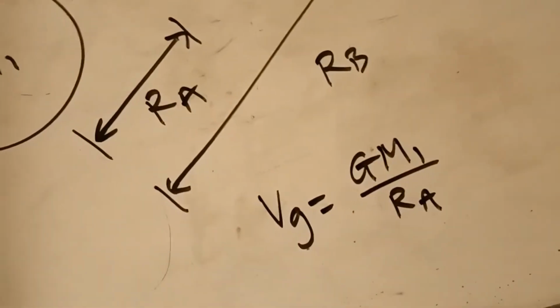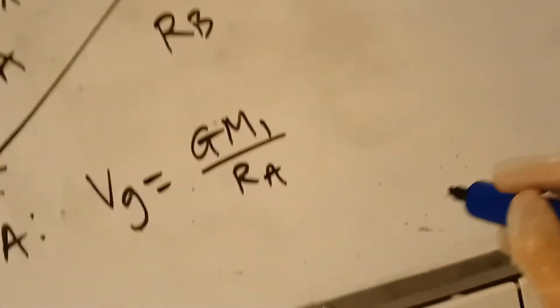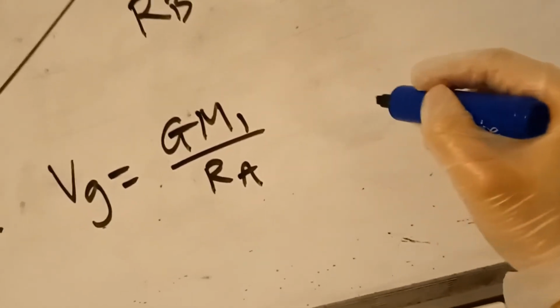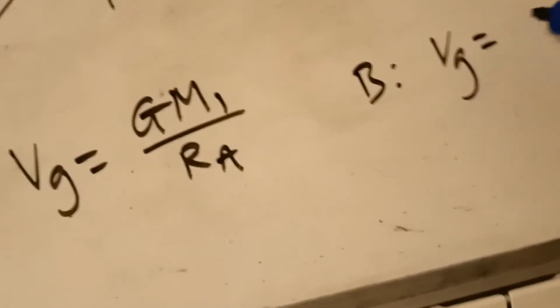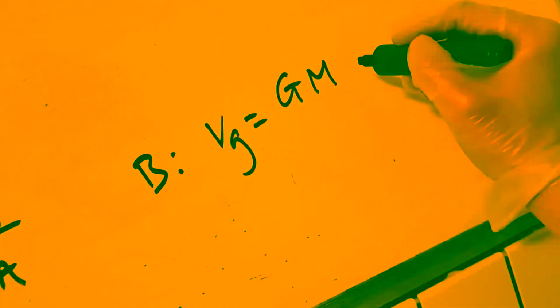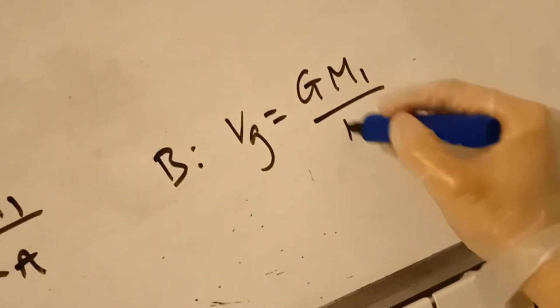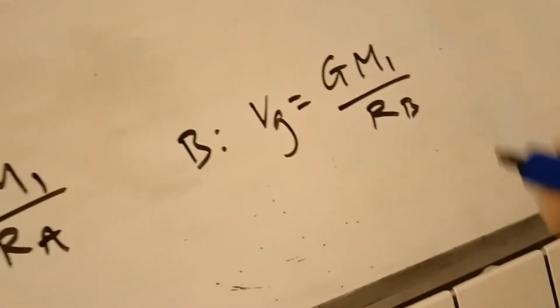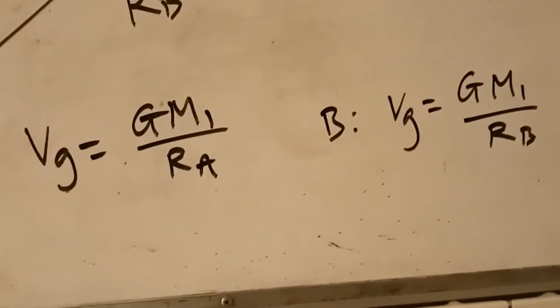So that is at point A. At point B, it is G m1 over RB. So that's the gravitational potential.